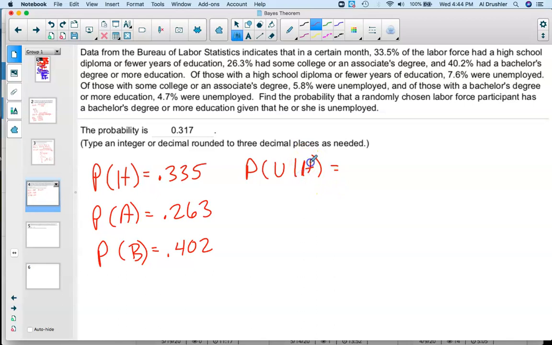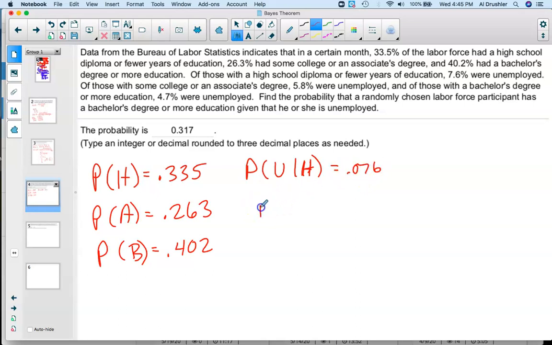In the intuitive sense for conditional probability, the number representing the letter after the bar goes in the denominator, so of those with a high school diploma. So the probability unemployed given high school is 0.076.